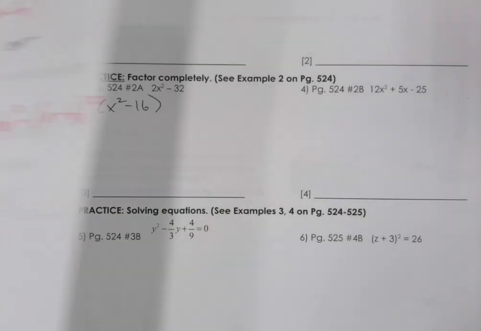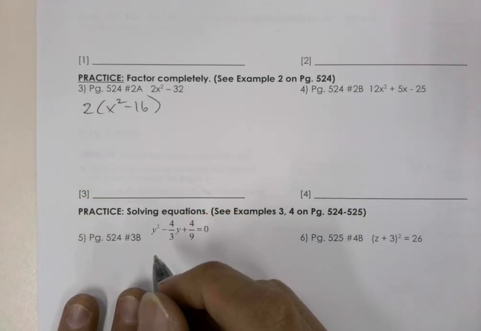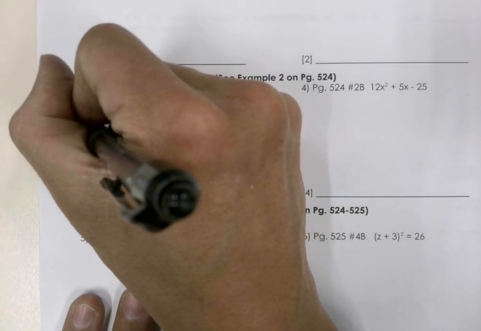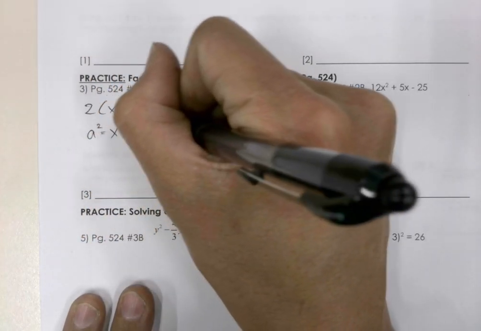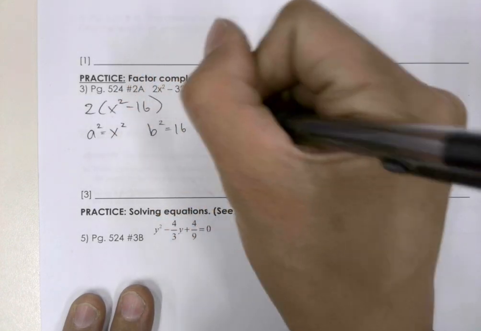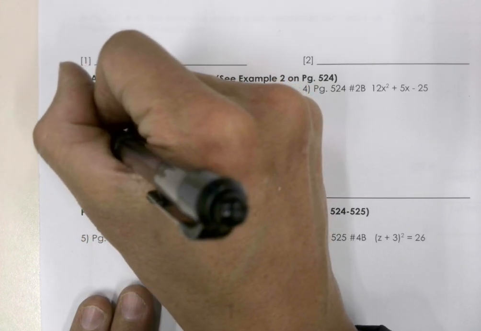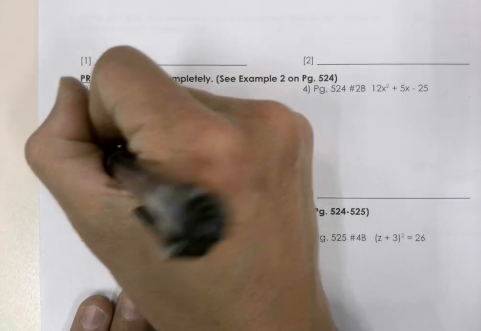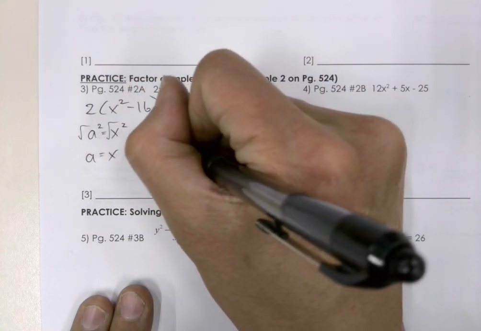Yes, it does, right? Because x squared is a perfect square and 16 is a perfect square. So we could say a squared is equal to x squared, and b squared is equal to 16. Now we need to figure out what a and b are, so we take the square root of both sides, and a is equal to x, and b is equal to 4.